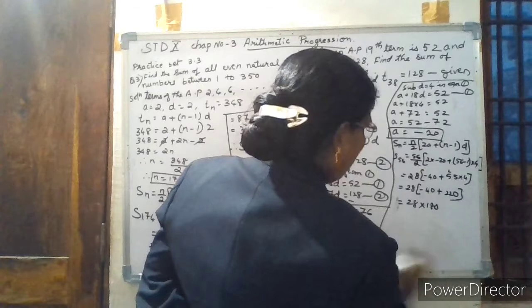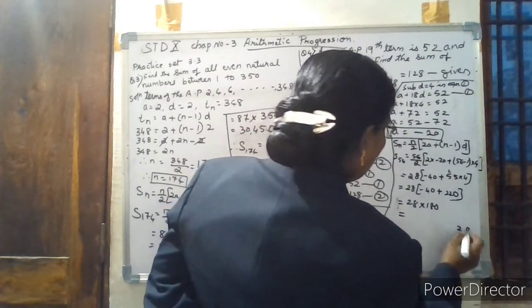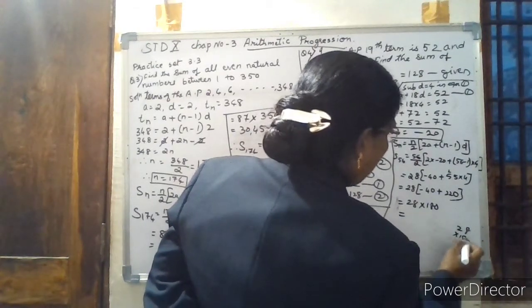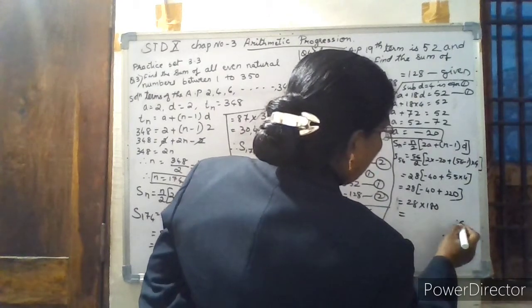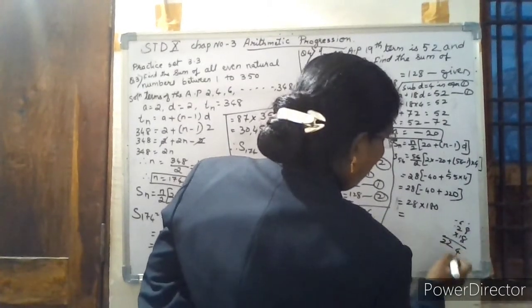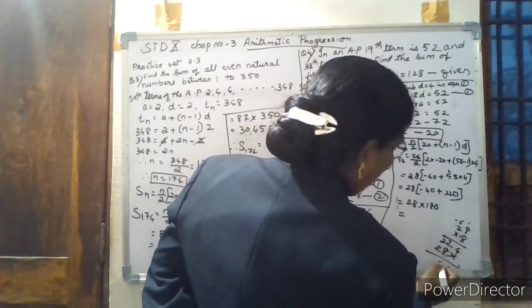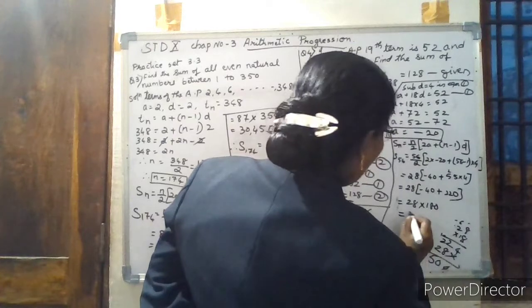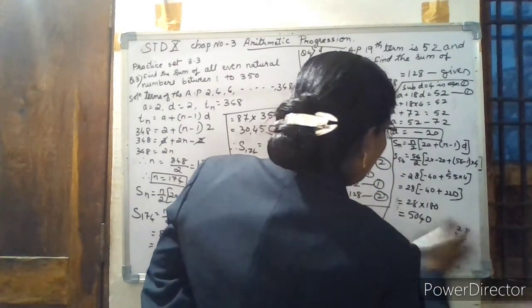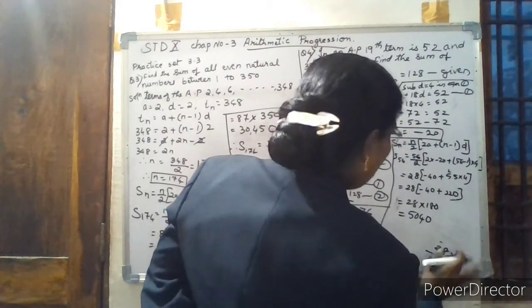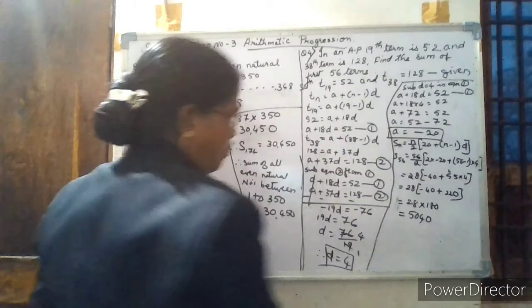Therefore this is equal to 28 multiplied by 180. 8 eights are 64, carry 6, 8 twos are 16, 22, and so on, we got 5040.